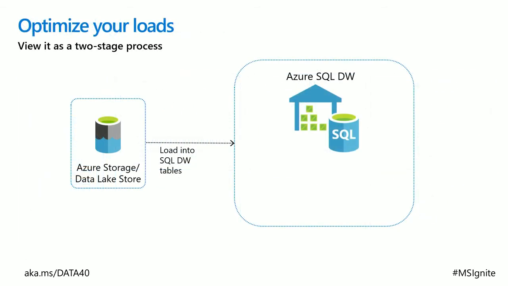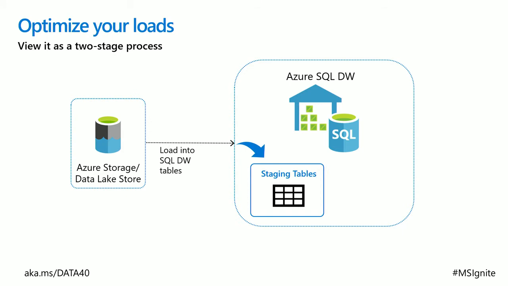Optimize your loads. I think you've got to view this as a two-stage process. One of the things we'll cover in the next session is the different table distributions that you have. I'm not going to go into it in depth now, but all you need to know for the moment is that your first step using PolyBase is probably just going to be a straight load into staging tables.